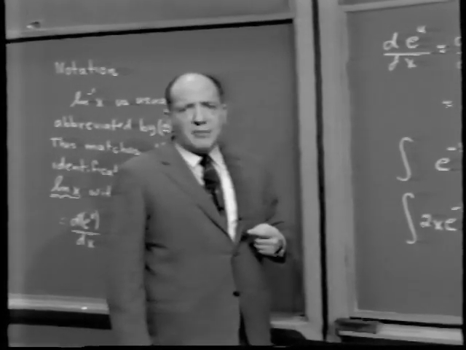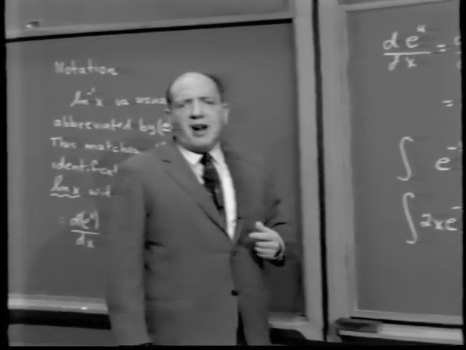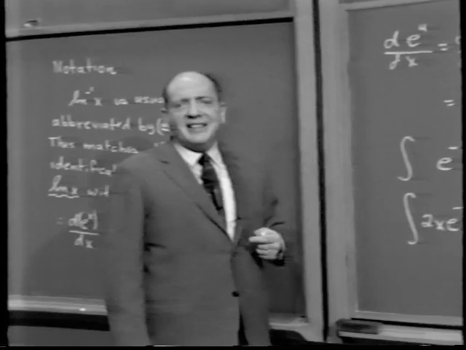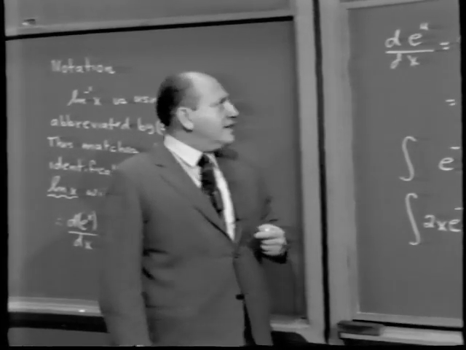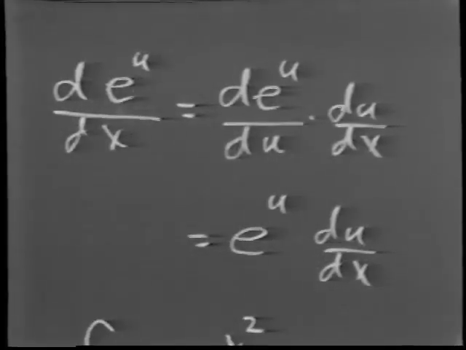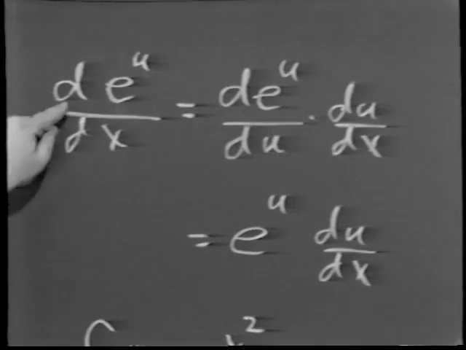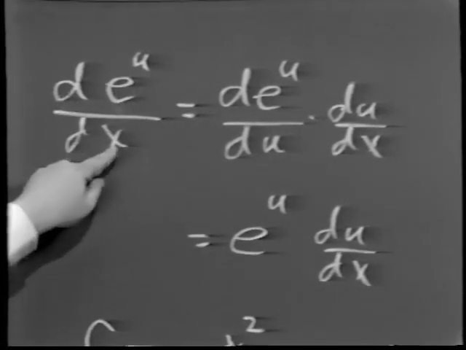Remember, e to the x now can be viewed as what? E to the x power, or to be on safer grounds, if you want to be consistent, it's just an abbreviation for inverse natural log x. But at any rate, if u is now any differentiable function of x, notice that to find the derivative of e to the u with respect to x, by the chain rule, I can say what?